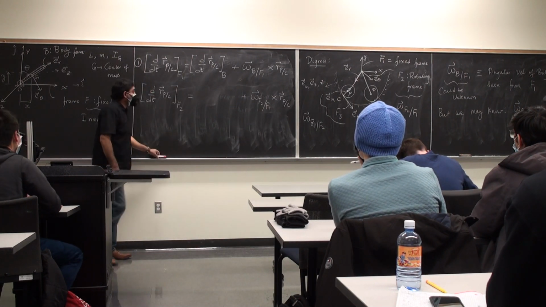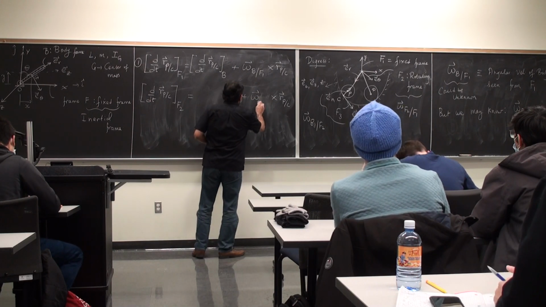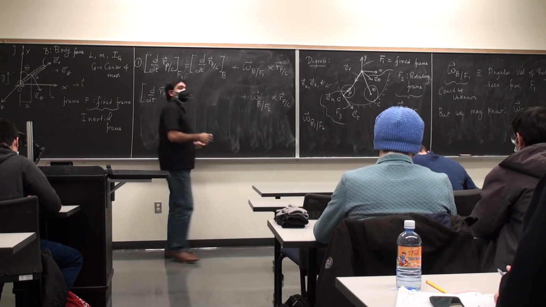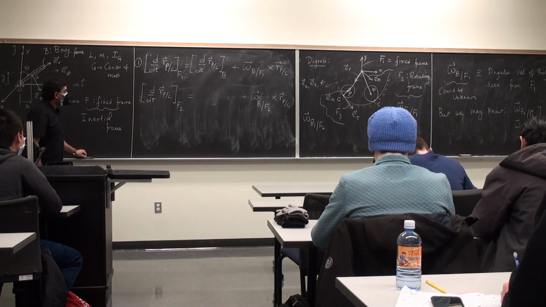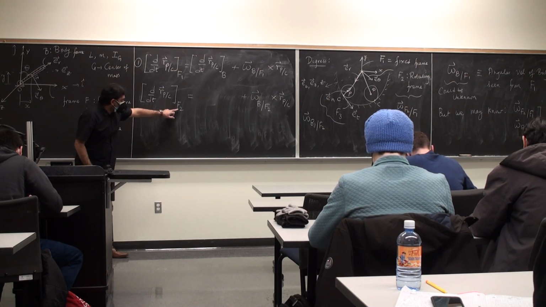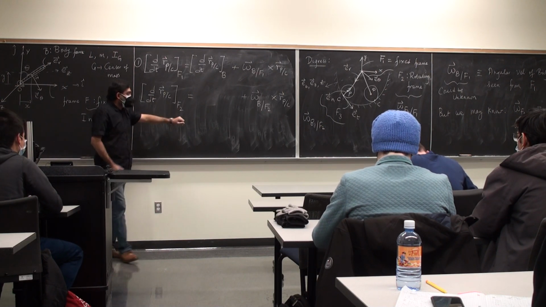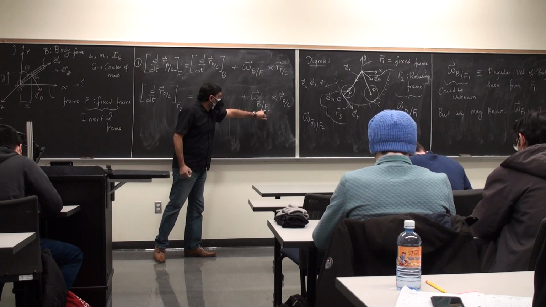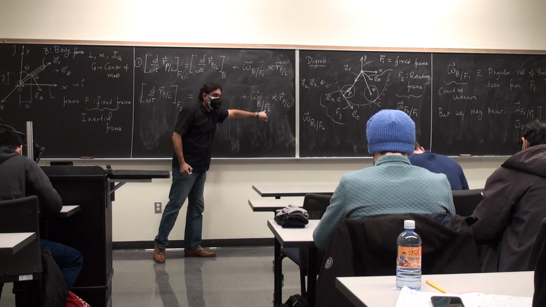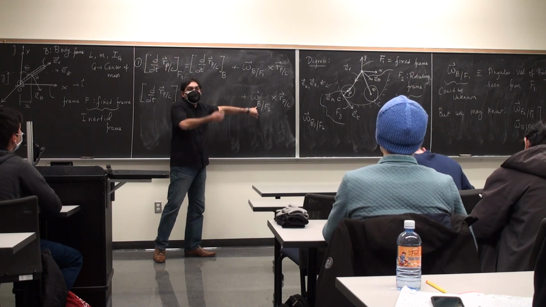So what I have to do is use the body frame and write it with respect to F2. One way of remembering this: whatever frame you're doing the time derivative with respect to, if you're looking at the angular velocity, the subscript after the slash should be that. This is a free variable. It could be with respect to either the body or some other body.